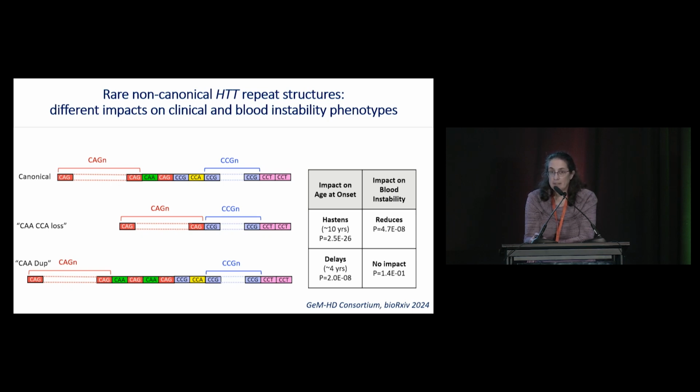In blood, at least, the impact on repeat instability is to slightly reduce instability. The CAA dupe allele is associated with delayed onset, and it doesn't have any impact on blood instability. So this suggests that these two alleles, which are very interesting, may be affecting the disease pathogenesis through mechanisms other than somatic expansion.